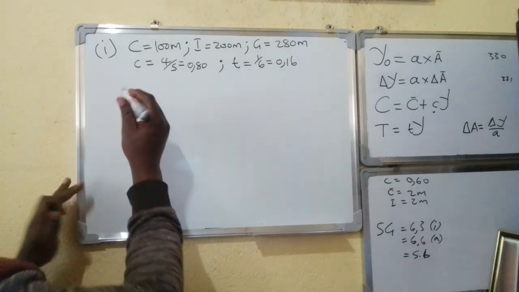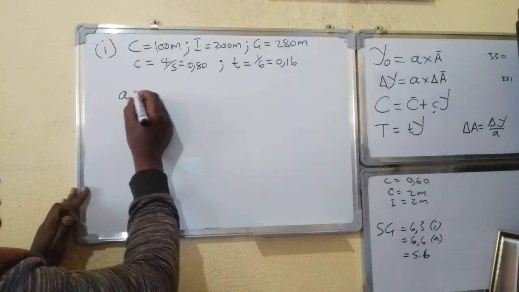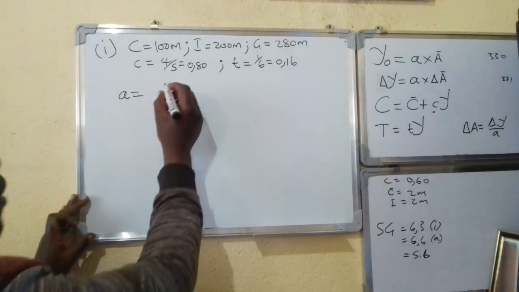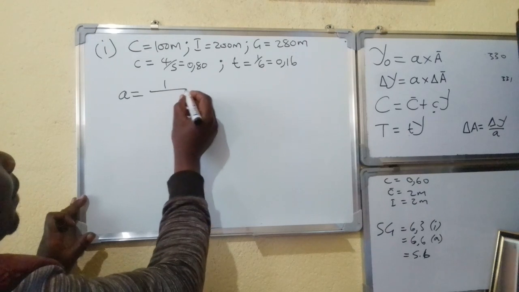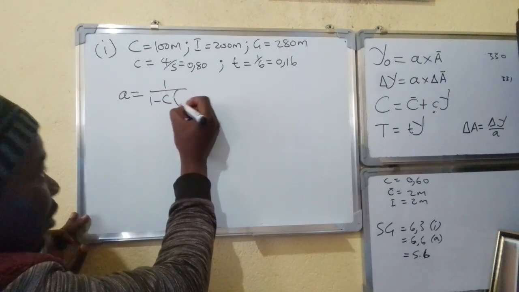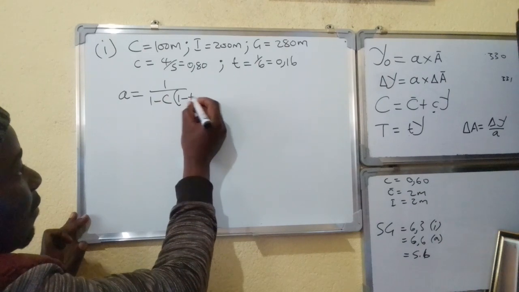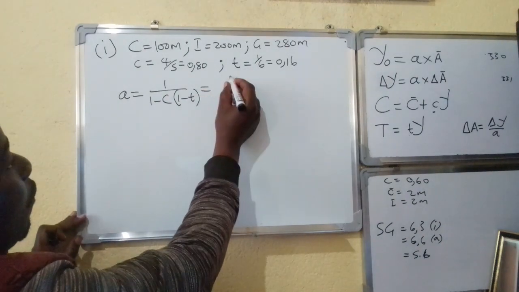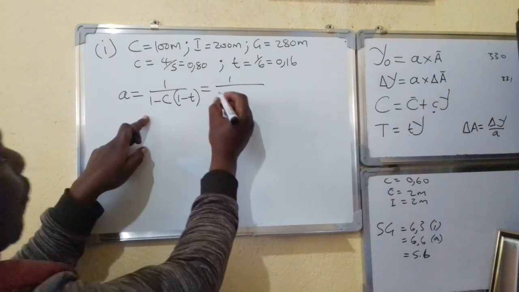Let's calculate our multiplier. The only difference is that our multiplier is now different. Our multiplier with government will be 1 over 1 minus c as usual, but now with 1 minus tax.